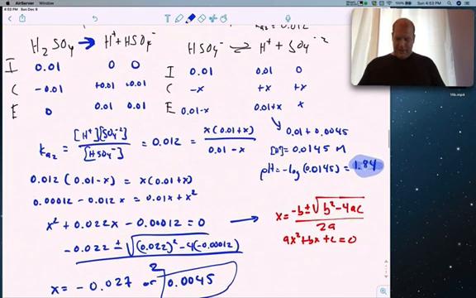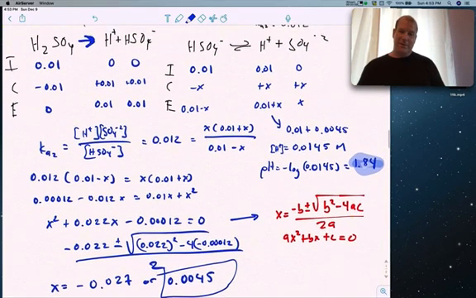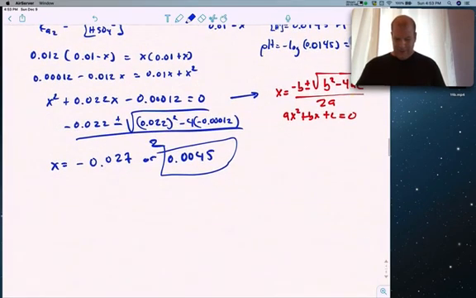We got x equals negative 0.027 and 0.0045. So we plug the positive solution into the hydrogen ion concentration, 0.01 plus that x, and we get the hydrogen ion concentration to be 0.0145 molar, and taking the pH of that, we get 1.84. Whew. That was always tough.